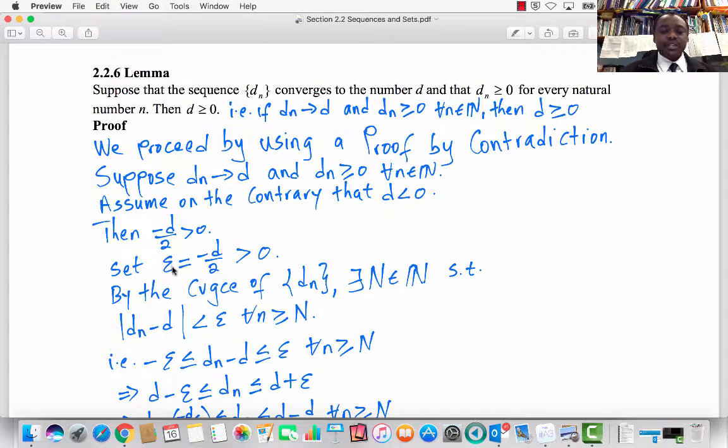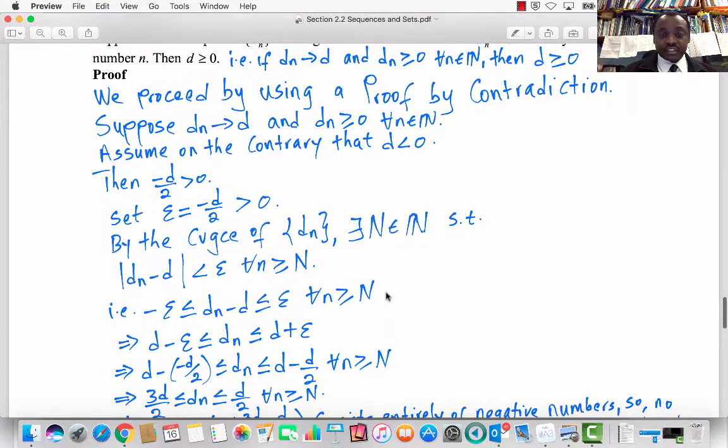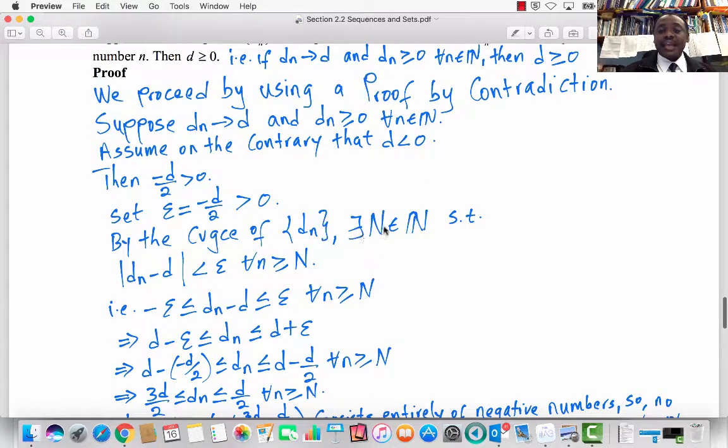Set our epsilon to be negative D divided by 2, which is a positive number. Then since Dn converges to D, by the epsilon-N definition of convergence, I can always find an uppercase natural number N such that the absolute value of Dn minus D is less than epsilon for every natural number n greater than or equal to uppercase N.